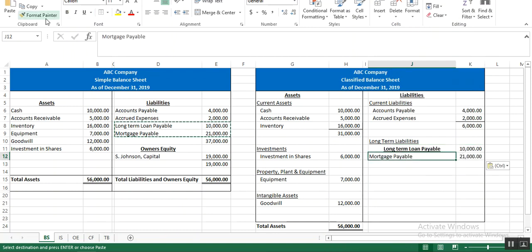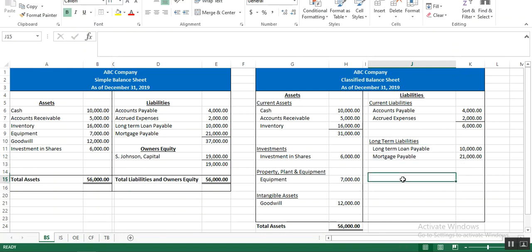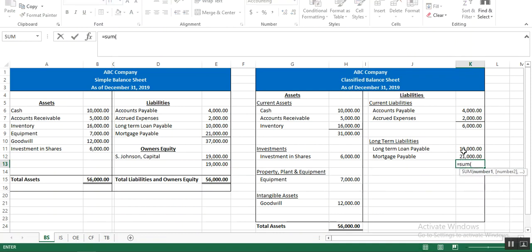Okay, let me change my formatting here. And then I can indent. And these are my two long-term liabilities. The sum of my long-term liabilities is 31,000.